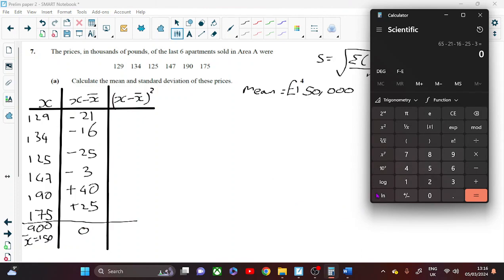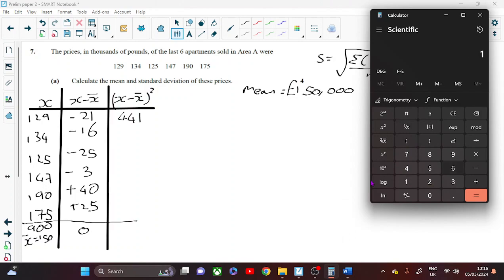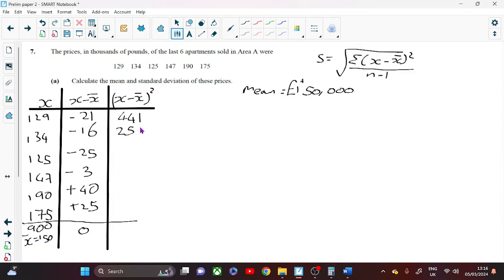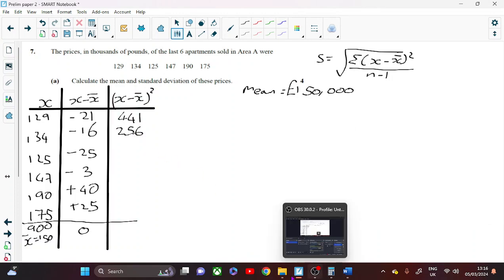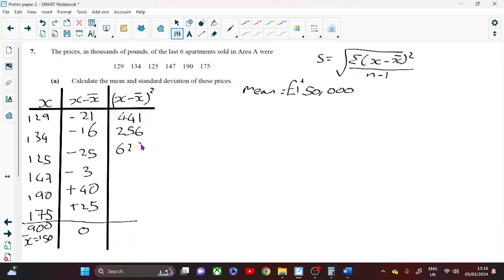Okay, so 21 squared is 441. 16 squared is 256. I feel like I should have known that one. 25 squared is 625. 3 squared is 9.